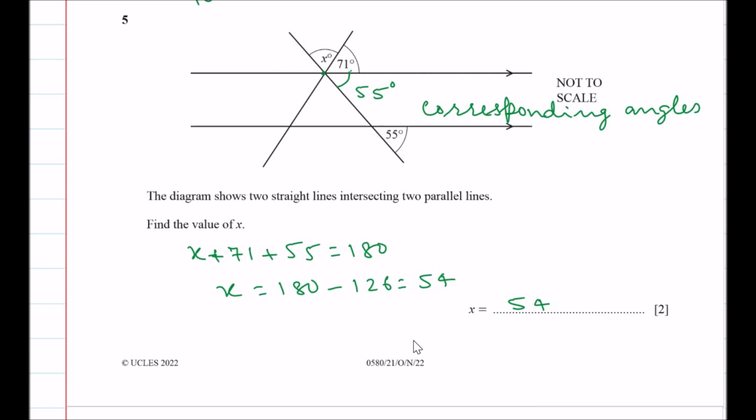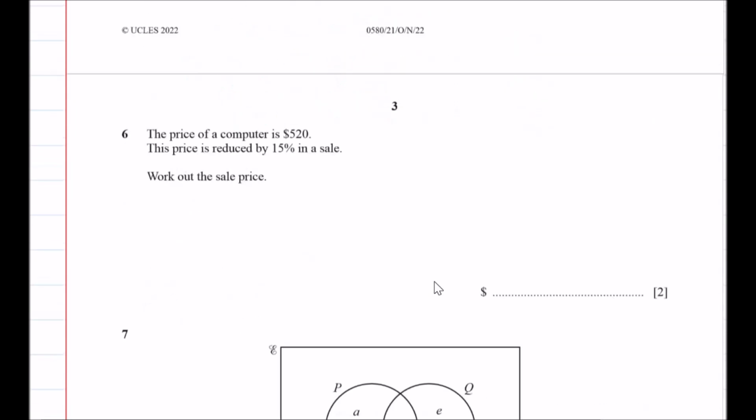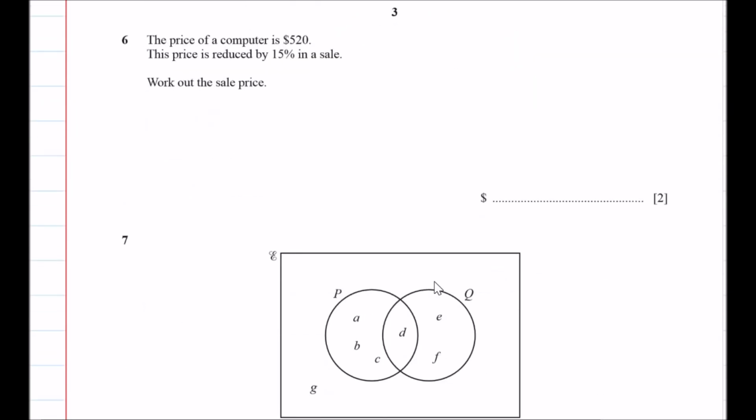Okay, now question number 6. The price of a computer is $520. This price is reduced by 15% in a sale. Work out the sale price. So we have to reduce the amount by 15%.